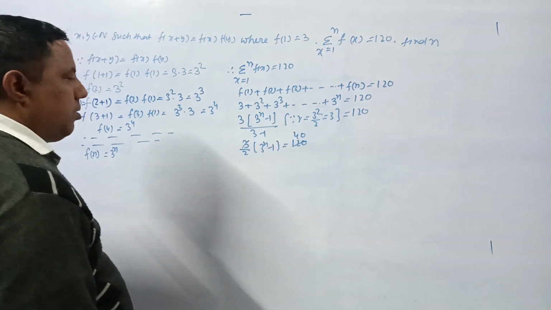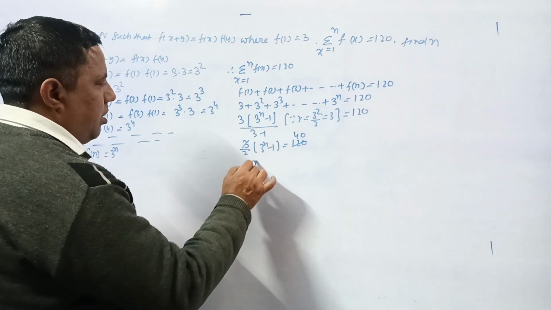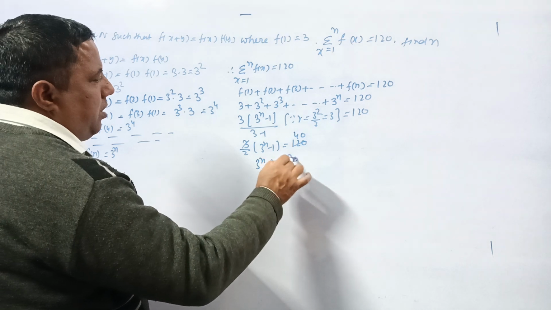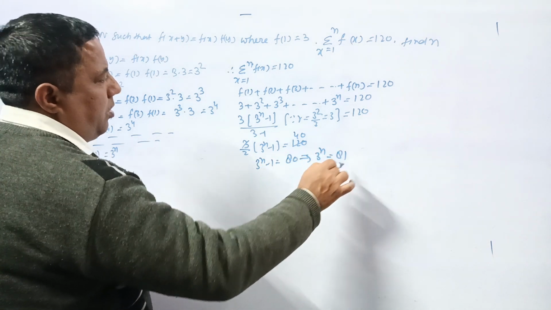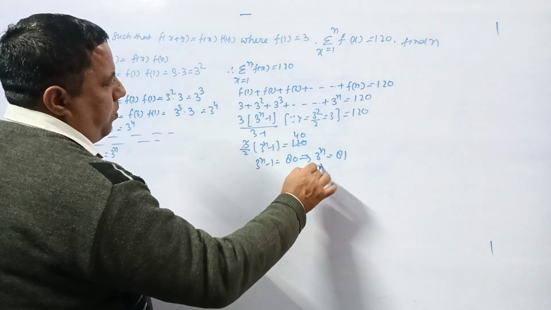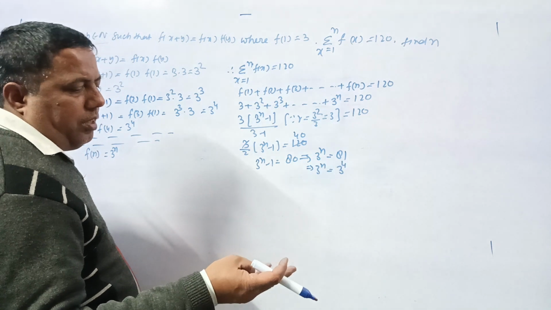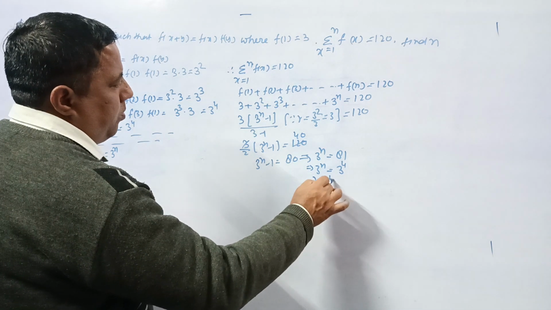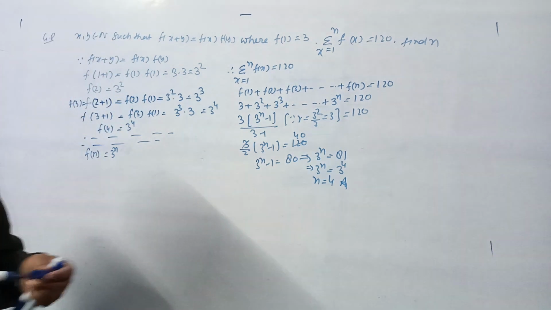So 3 by 2 into 3 to the power n minus 1 equals 120. That gives 3 to the power n minus 1 equals 80, so 3 to the power n equals 81. 3 to the power n equals 3 to the power 4. 3, 9, 27, 81. Then n equals 4.